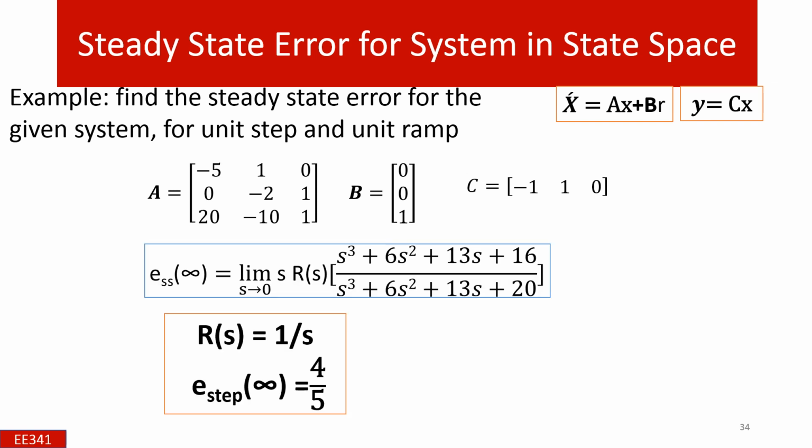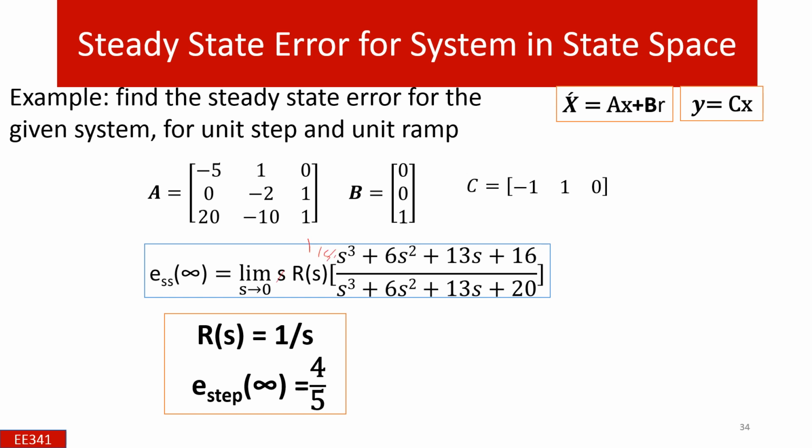For example, first of all, if we apply the unit step, then R of S is 1 over S, and this is cancelled out with this one.